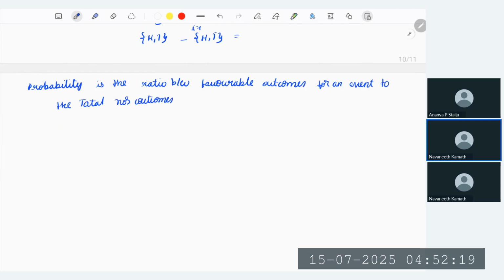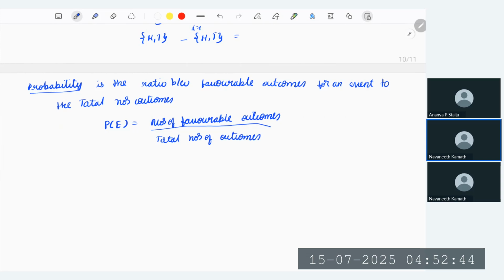For example, probability of event is equal to number of favorable outcomes to the total number of outcomes. Okay, that is the probability.